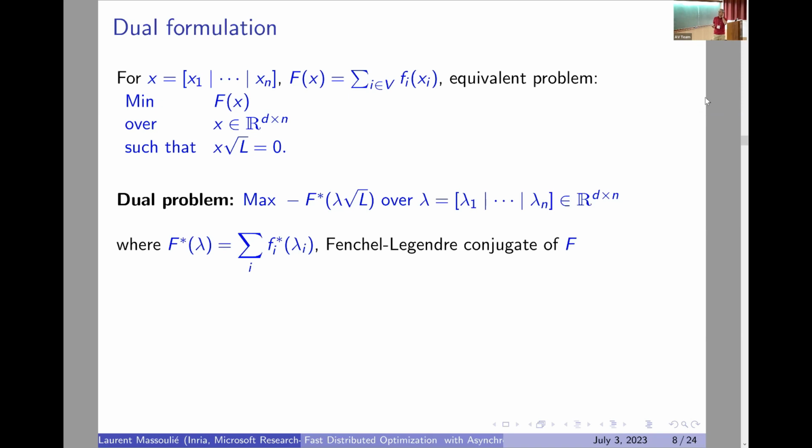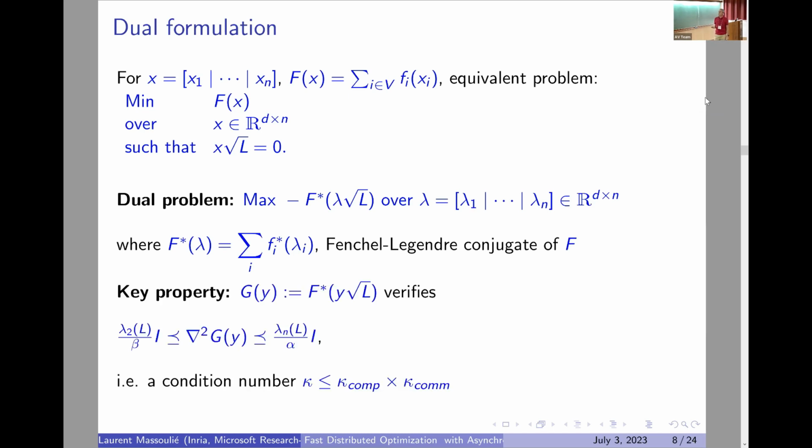Because of the additive structure of capital F, the convex conjugate can also be written down as a sum. So it factors this way nicely.